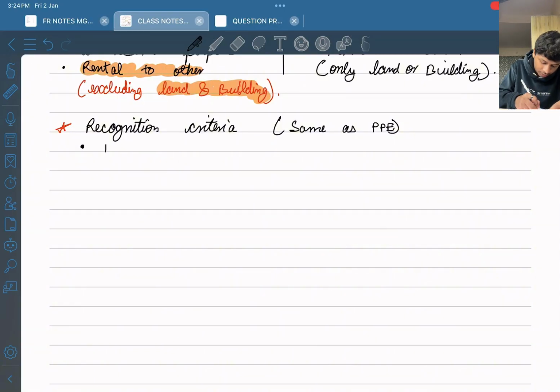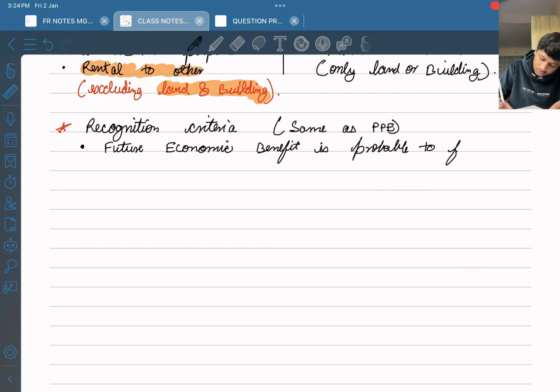Future economic benefit is probable to flow in the entity, and cost can be measured reliably.